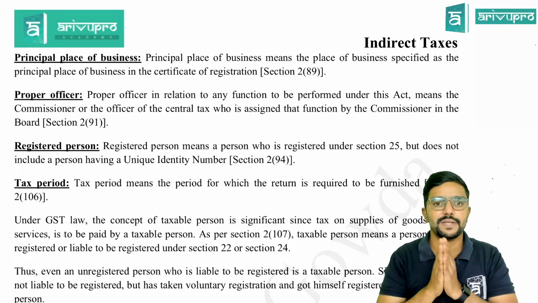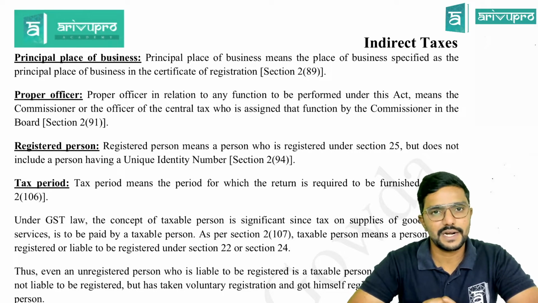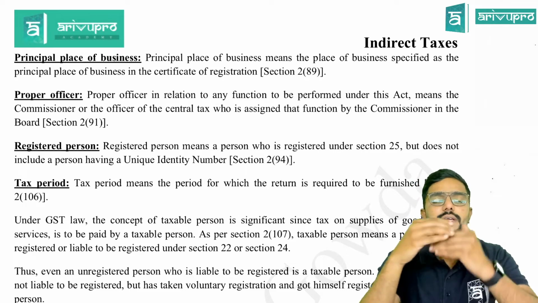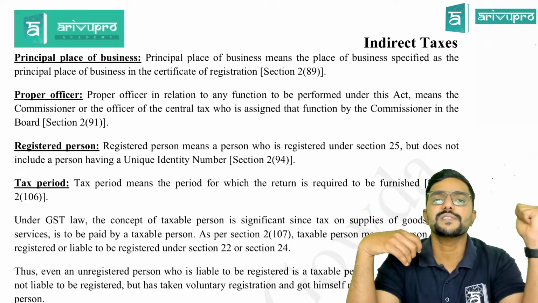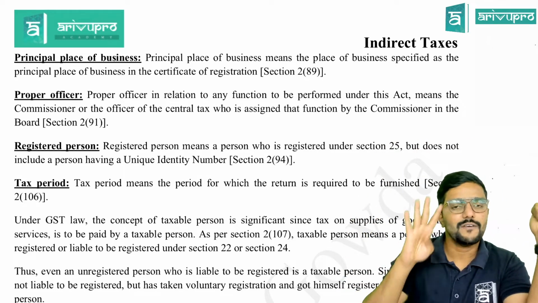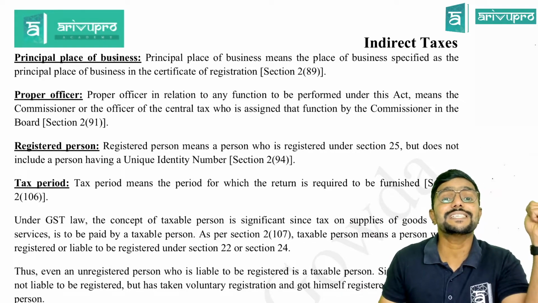For example, assume for Karnataka I am taking a single registration, whereas I have 5 different branches in Karnataka, and I am taking only one registration. Can I do so? Yes. In that case, in your application for registration, you have to mention which is your principal place of business in Karnataka. Okay, assume Bangalore branch. Now, you have another 4 branches in Karnataka, right? You have to mention them as additional place of business.